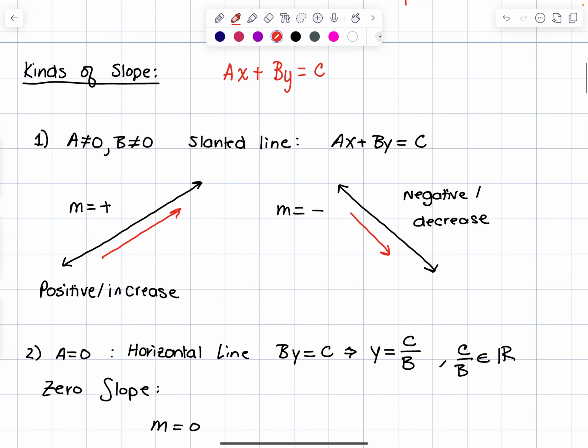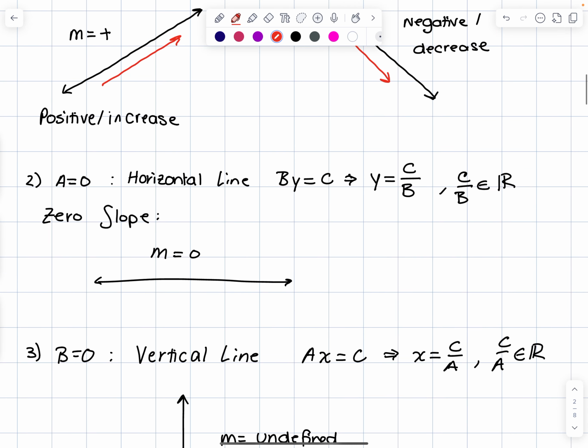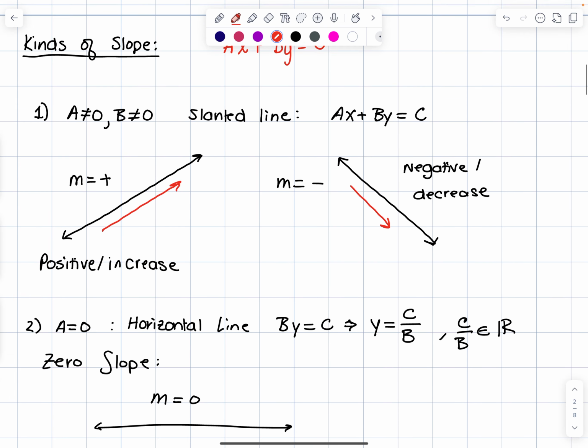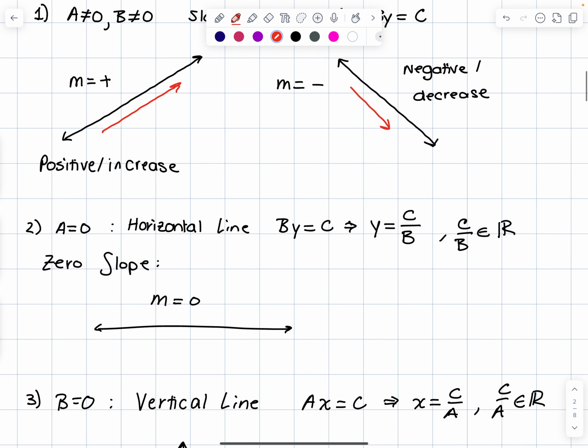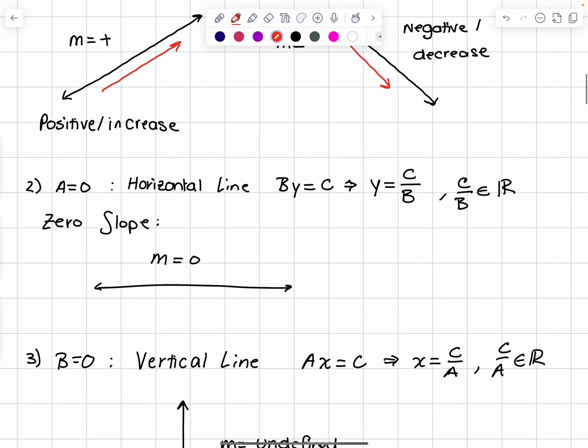You've graphed them before. Case 2 is a horizontal line, and it occurs when a is 0, which means that you just have an equation in the form y equals some value. Now this should make sense because y is going to be a consistent value, and it's going to be wherever y is.